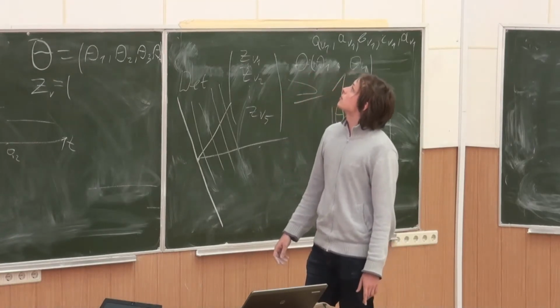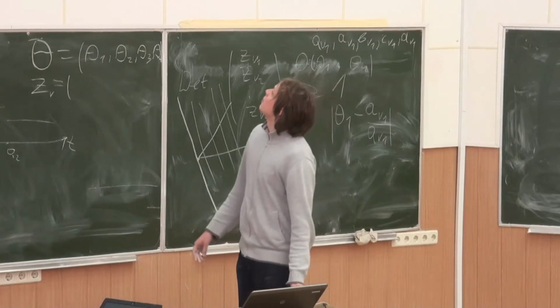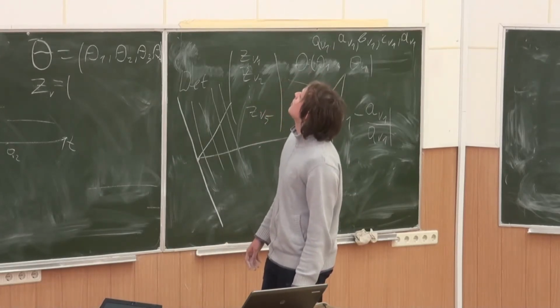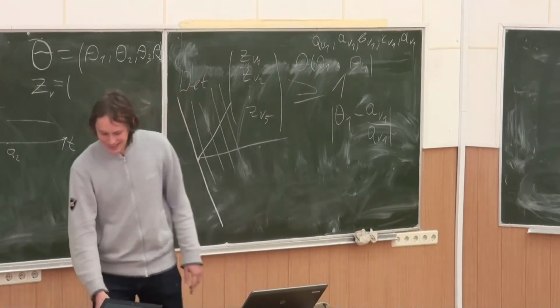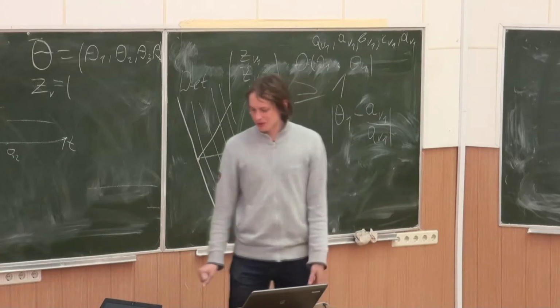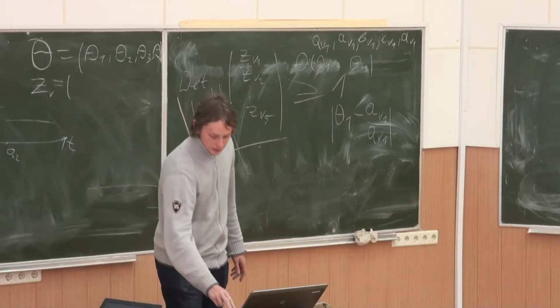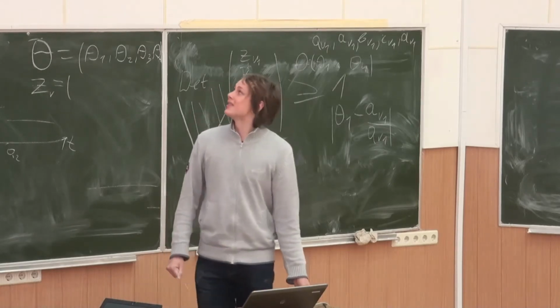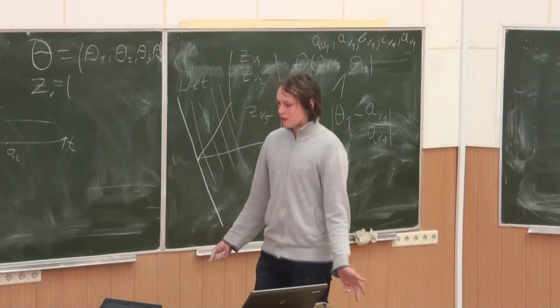For index equals 3, we have another system of inequalities with even bigger dimension, but it can also be solved with the same method. And what can be improved here?